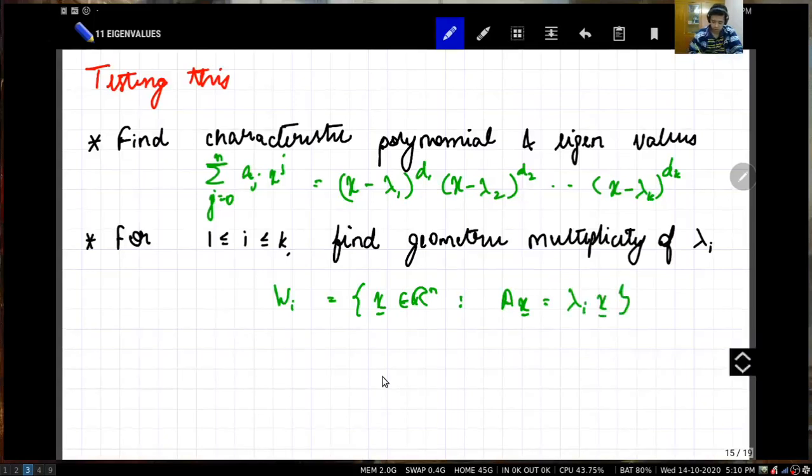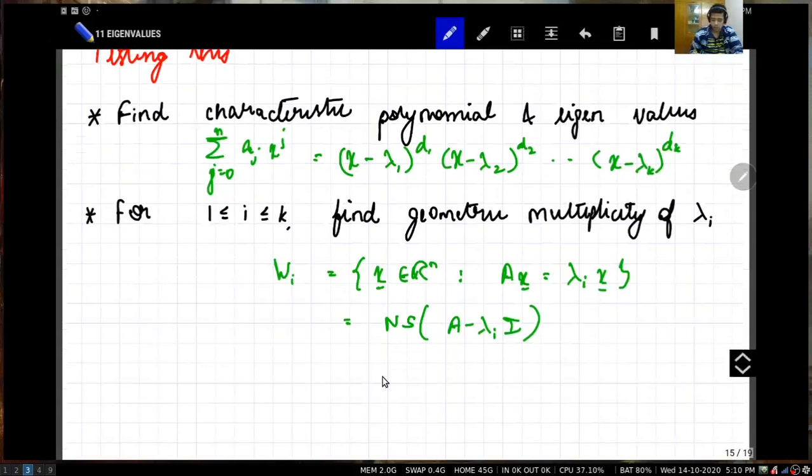So this essentially corresponds to the null space of A minus lambda i times I. So the dimension of Wi is basically the nullity of the matrix A minus lambda i times I. And once you have the eigenvalues, you can obtain the eigenvectors as any basis corresponding. So to find the eigenvectors corresponding to the eigenvalue lambda i, all you need to do is find a basis for the null space of A minus lambda i I.